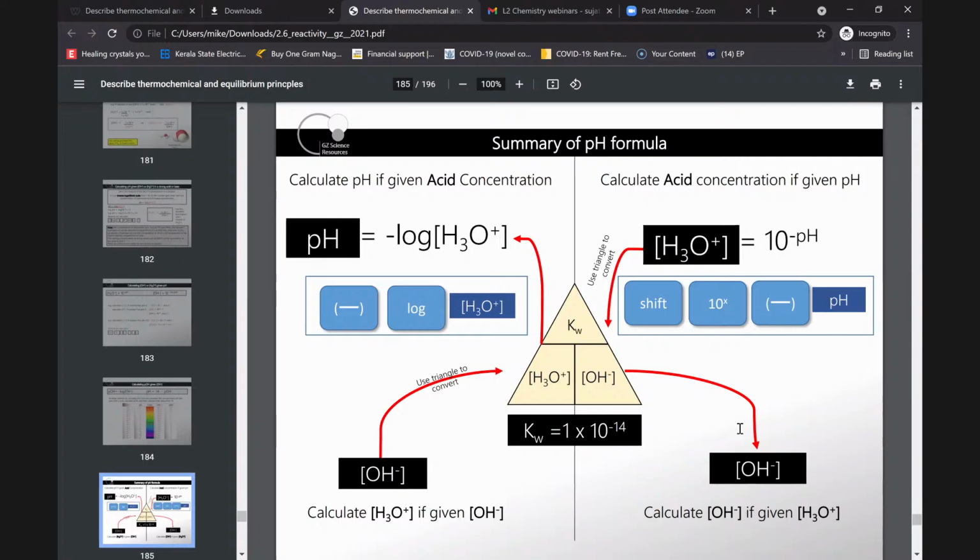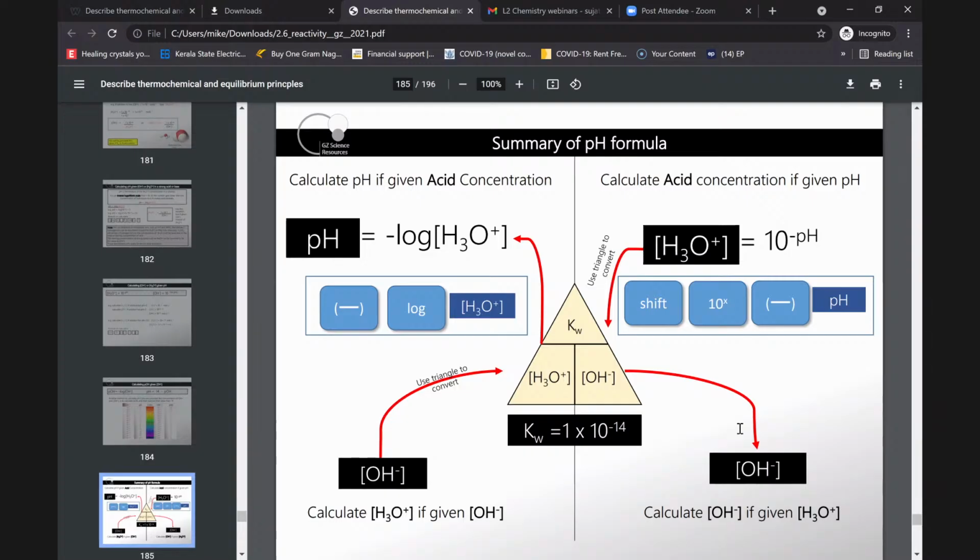And then you also have this to calculate the acid. So here, to calculate the pH, whatever the number given is the power of 10. How do you use it to find the concentration? Look at it: shift button, 10 to the power of whatever you have, and the negative sign. That tells you the 10 to the negative pH number, and this is how you calculate the concentration the other way around.